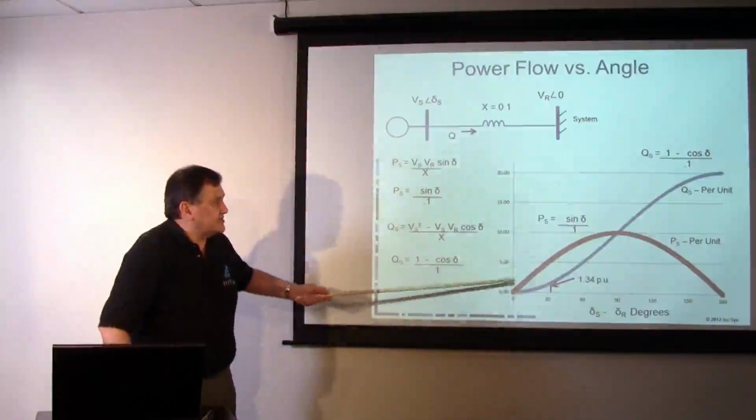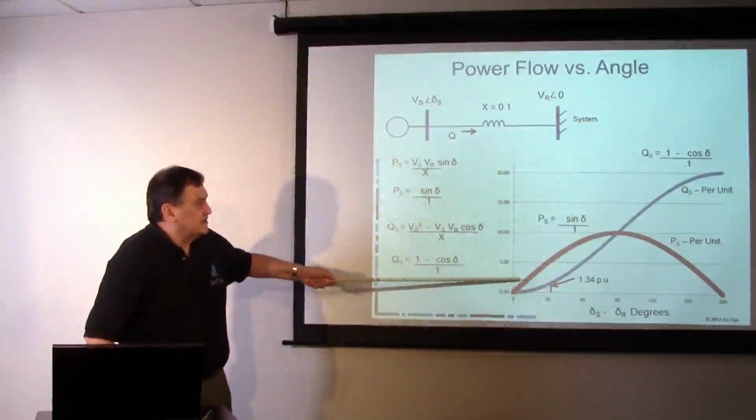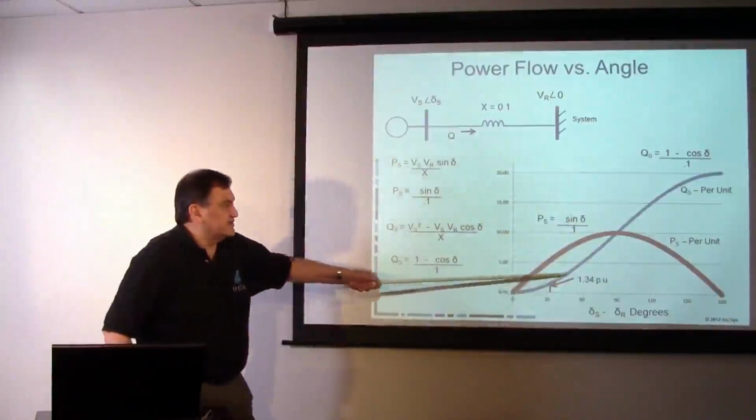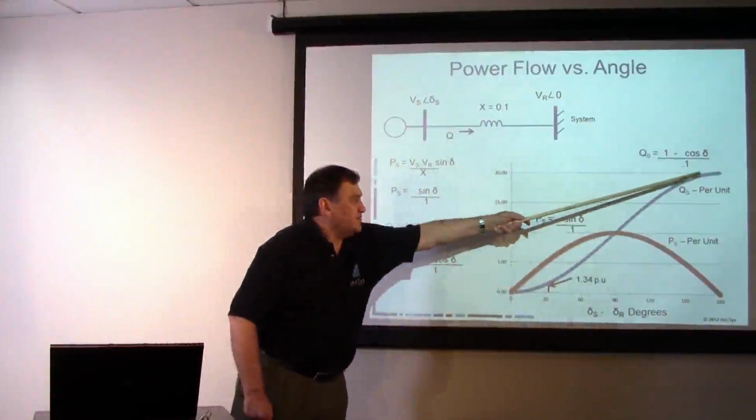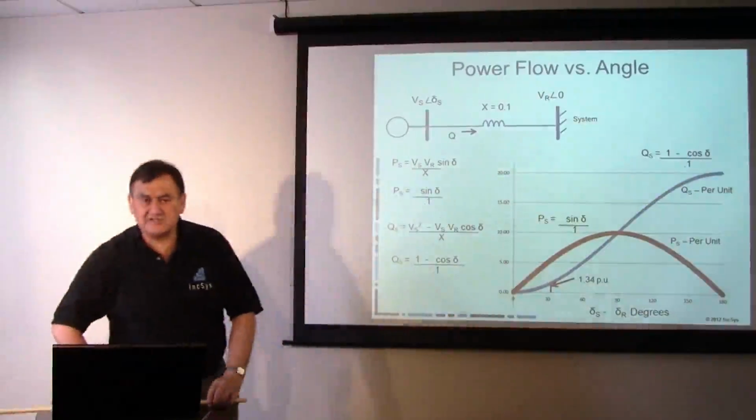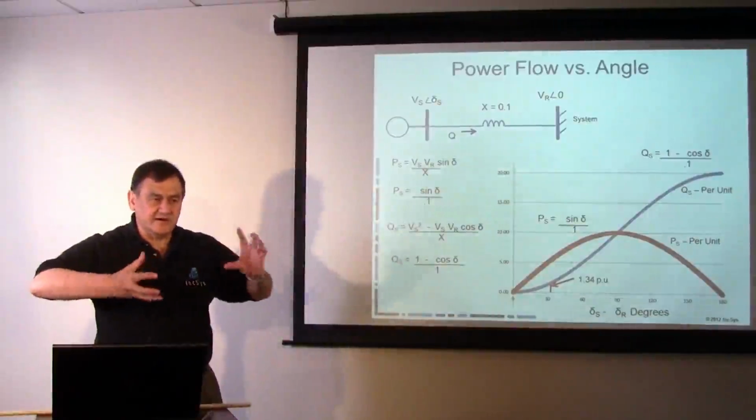I've got 0 voltage at the middle of the line, so I can't get any power flow, I can't get any megawatts down that line, can I? Because megawatts is voltage times current. But look at what is happening to my reactive power flow. It's starting out at 0 and it's coming on up, and the reactive power flow when I'm 180 degrees apart is huge, all right?